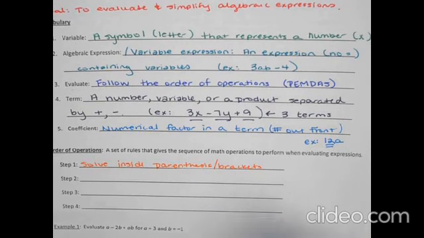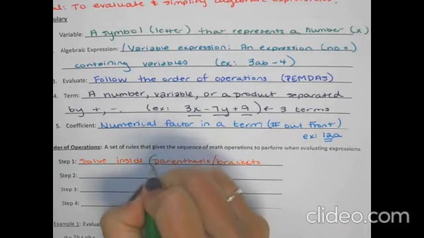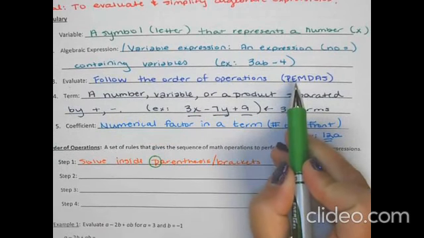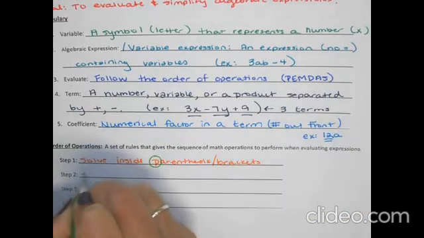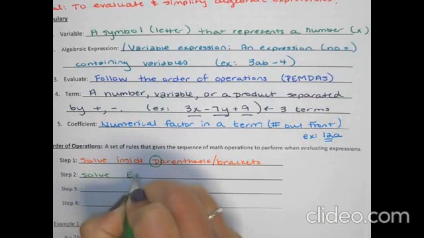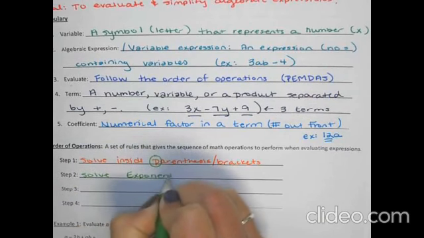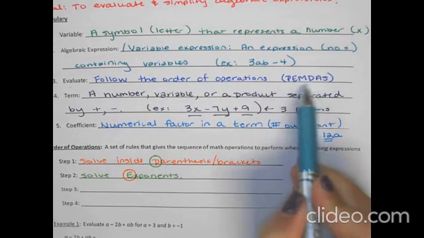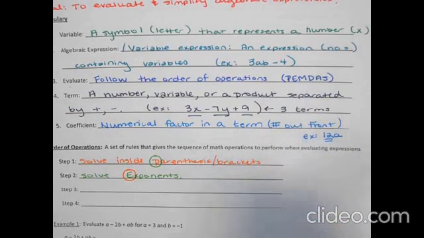Step 2, so if that was the P in PEMDAS, what comes next? Do we remember what the E stands for? Exponents, very good. So we're going to solve any exponents. There's the E. Now, the next two is the M and the D, and those two are actually together. Anyone knows what those ones are? Multiplication and division. Very good.